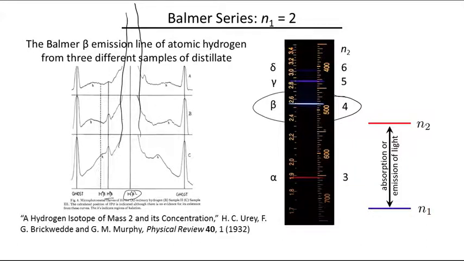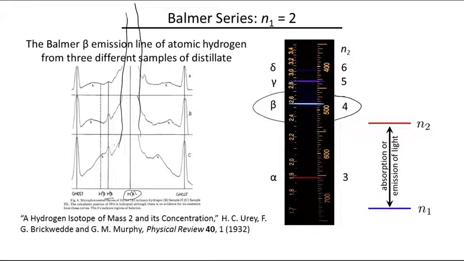And now here is the prediction from the Bohr theory of where an isotope of mass 2 should be. And you see that these three curves are spectra taken under different hypothetical concentrations of the heavy isotope, and so the predicted feature grows as expected.